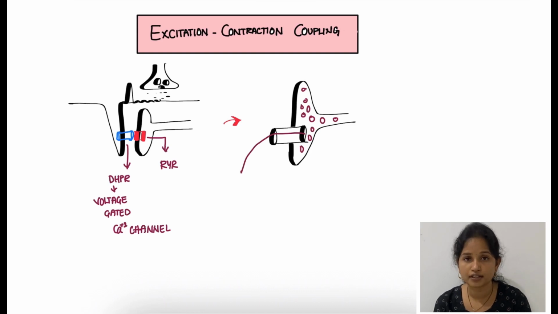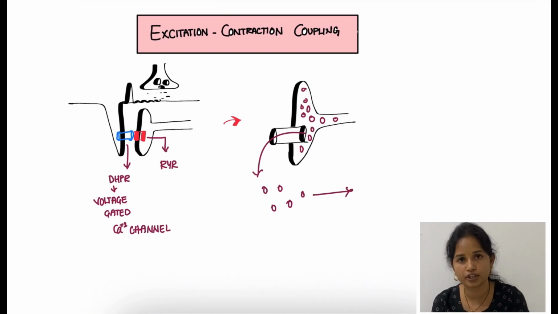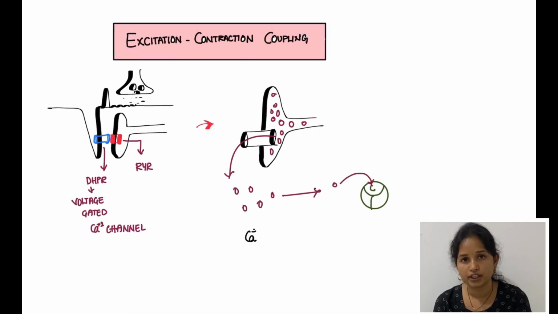Now when the ryanodine receptor is opened, all the calcium from the sarcoplasmic reticulum enters into the sarcoplasm. This calcium will bind to the troponin molecule. Troponin has 3 components: troponin T, troponin I and troponin C. Troponin C is the subunit where the calcium will bind.